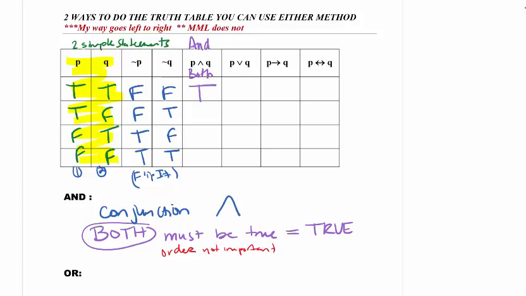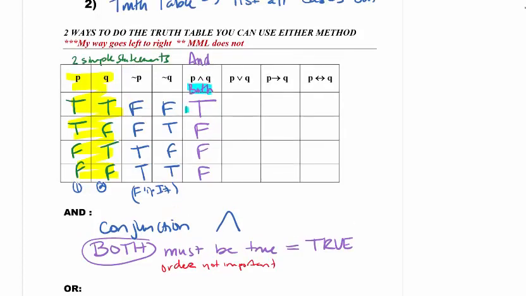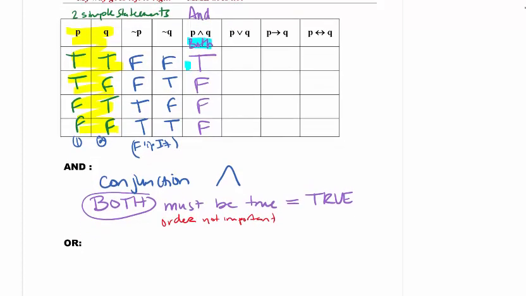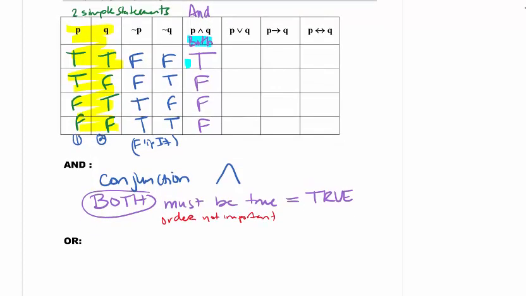The second row, true then false, is false. False then true is false. False, false is false. Because in this case, both have to be true. And the only time they're both true is on this one here. So that's my and.